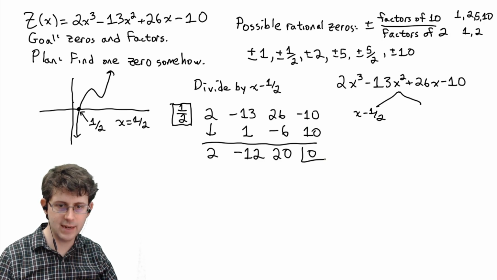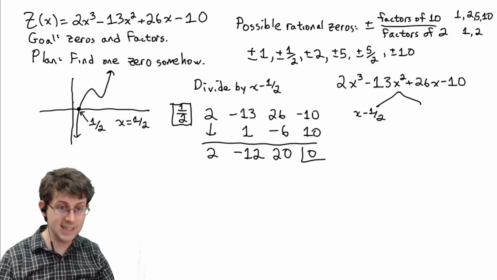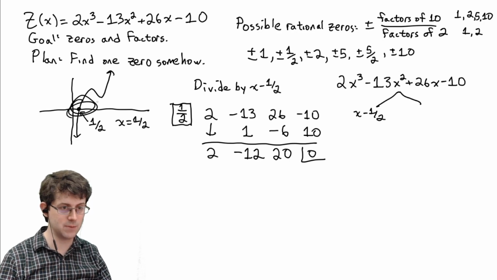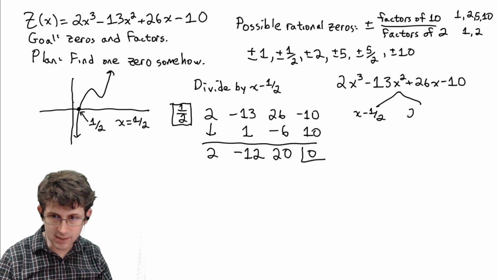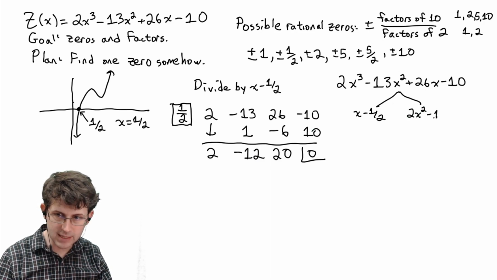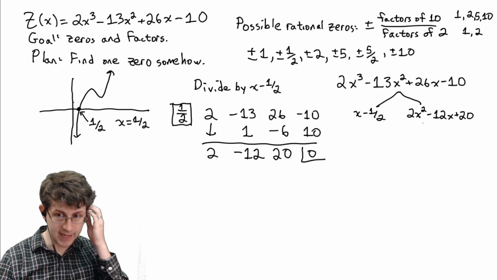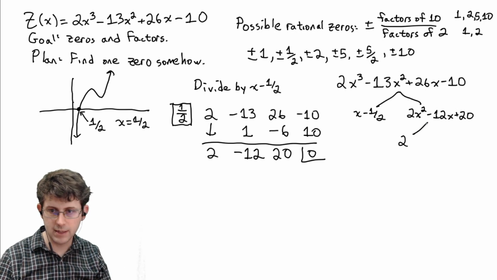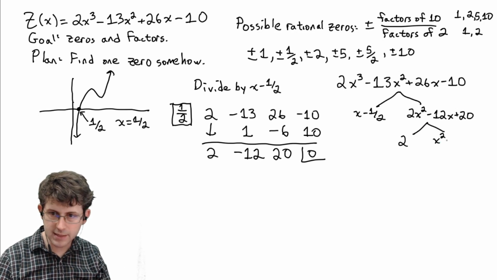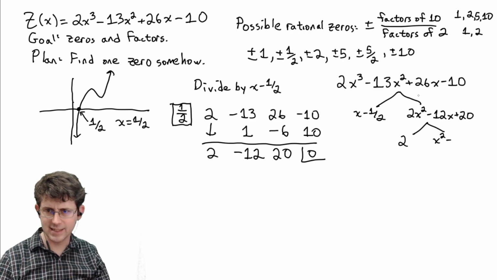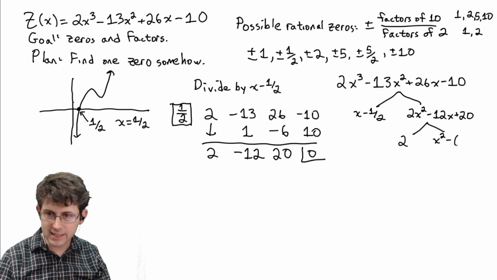And add, and I got a remainder of 0, which is good. It needed to be a remainder of 0 because otherwise this wouldn't have been a 0. It wouldn't have divided evenly. So the other factor is 2x squared minus 12x plus 20. Okay, I can factor a 2 out of that, so I'm going to do that now. It's 2 times x squared minus 6x plus 10.